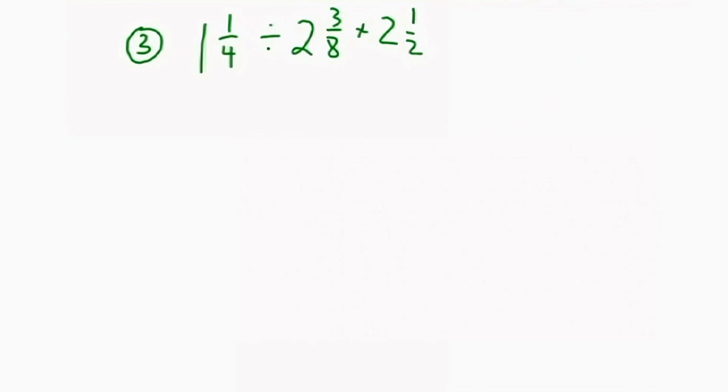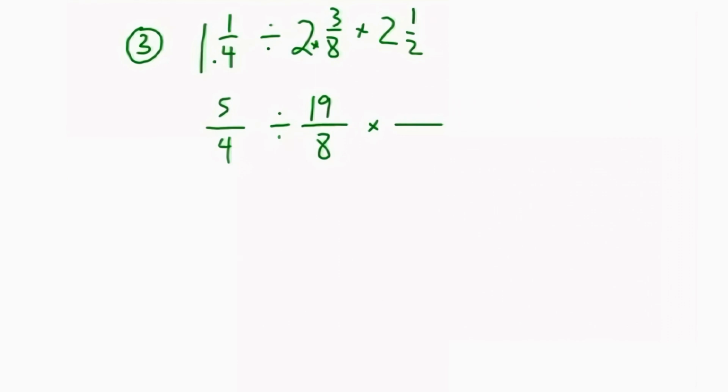We're going to want to convert to improper fractions first, and let's see if we can do that all in one step. Now that you've seen it so much, 1 times 4 is 4, 4 plus 1 is 5 fourths. Converting the second fraction now, 8 times 2 is 16, 16 and 3 is 19 over 8.